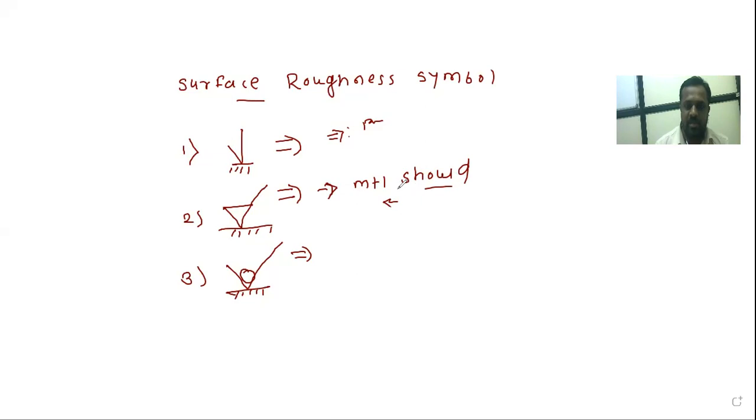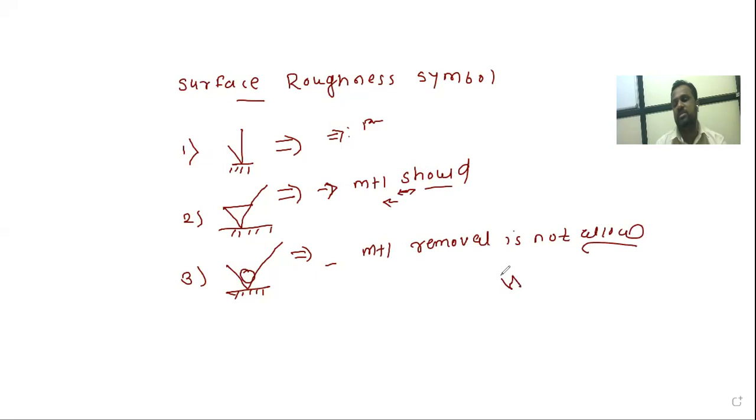And for the other symbol, the meaning is that material removal is not allowed. It means that to manufacture the product, we have to use processes like casting and forging. This is the basic meaning of those symbols.